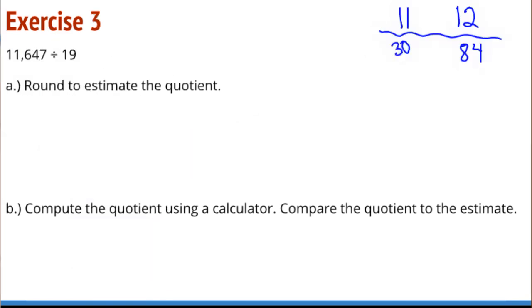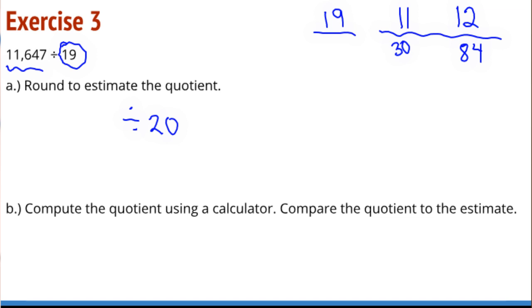All right, taking a look at exercise 3, and we are going to round to estimate the quotient. So right here, I've got 19 as a divisor, and I'm going to round that to be a 20. And I am looking at this number and asking what could I round to.